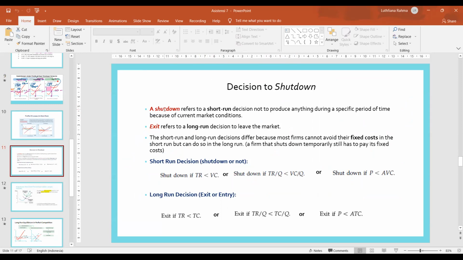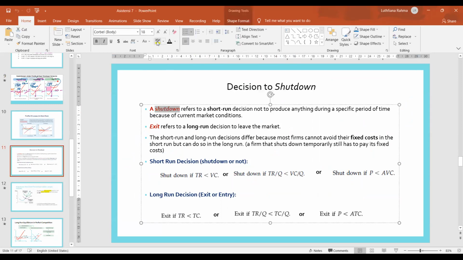Please differentiate the shutdown and exit. If the shutdown is a short run decision, then exit is a long run decision to leave the market. Exit means the sellers leave the market and are not willing to go back. They literally go away from the market.